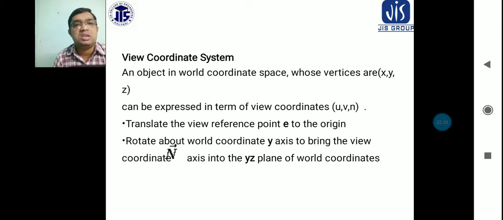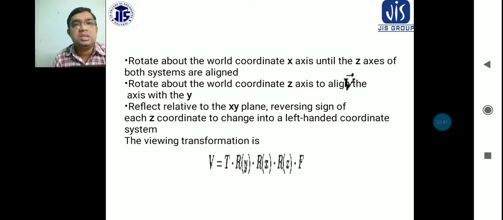Rotate about the world coordinate y-axis to bring the view coordinate n-vector axis into the yz plane of the world coordinates. Then rotate about the world coordinate x-axis so that the z-axes of both systems are aligned.